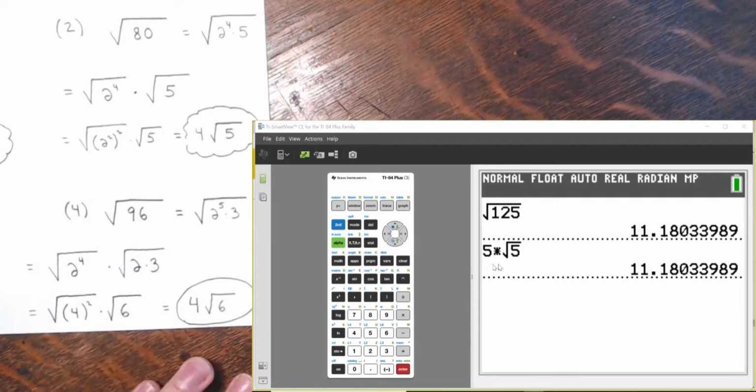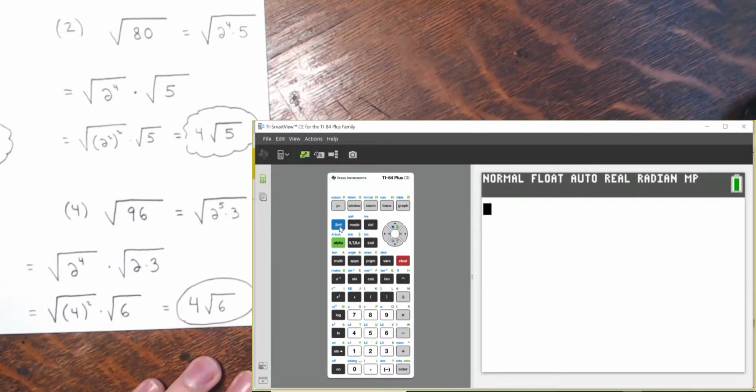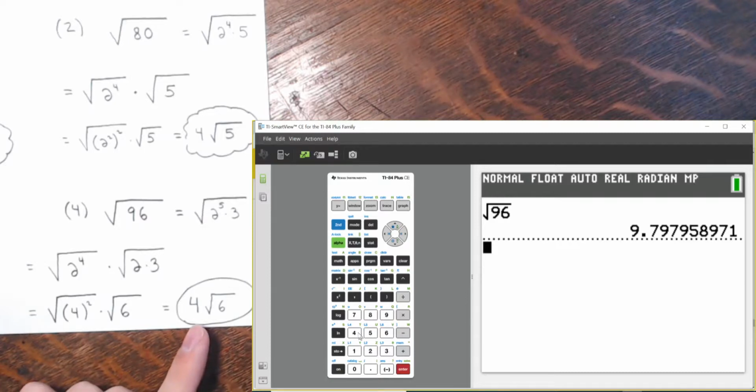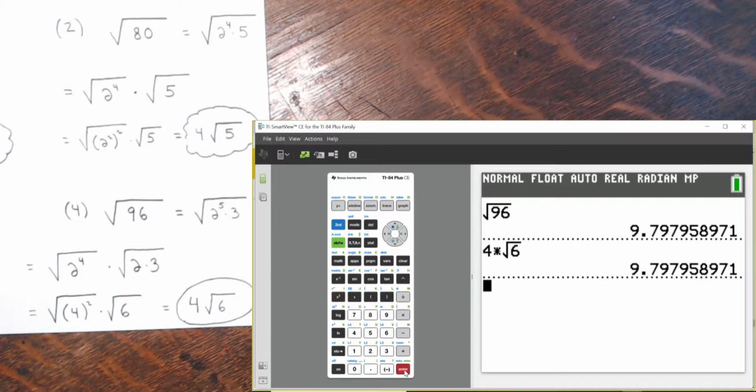So I started off with the square root of 96, 9.79795, and I said this is equivalent to 4 times the square root of 6 here, right? So 4 times the square root of 6, indeed the same value. Fantastic.